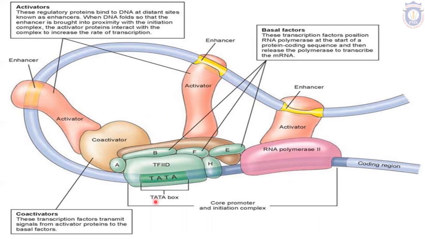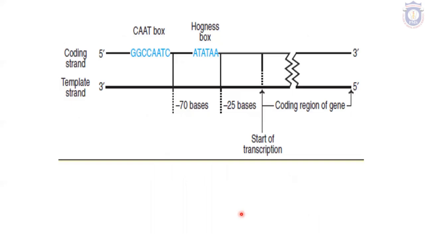Altogether, it forms the initiation complex. The TATA box or Hogness box lies almost 25 base pairs from the start of transcription, and the CAT box lies almost 70 base pairs from the start point of transcription in the coding region.